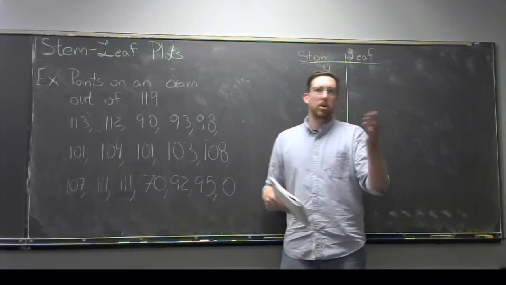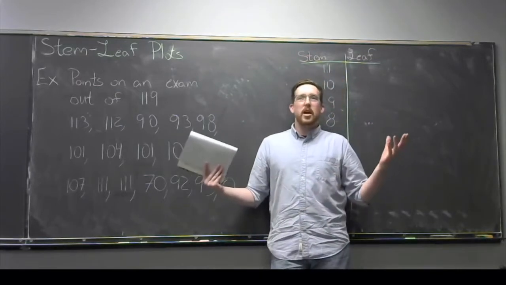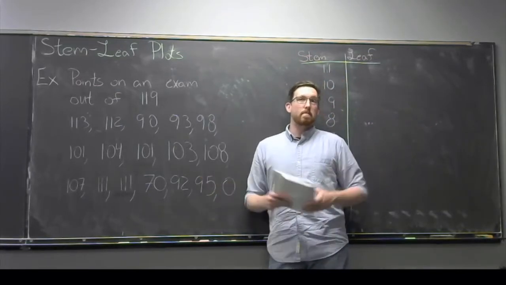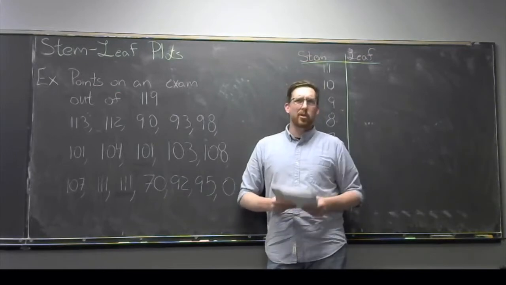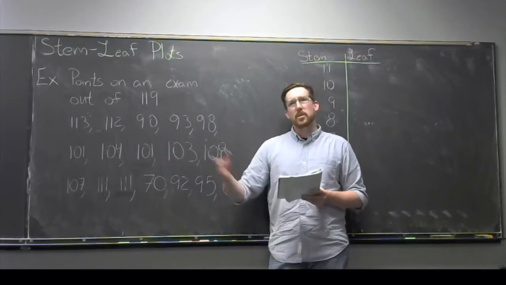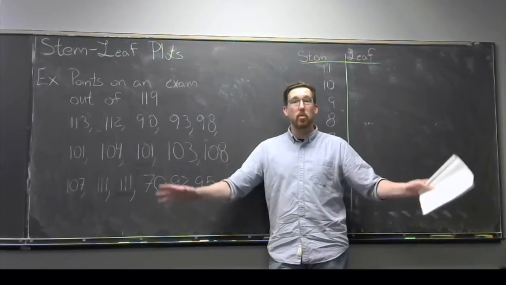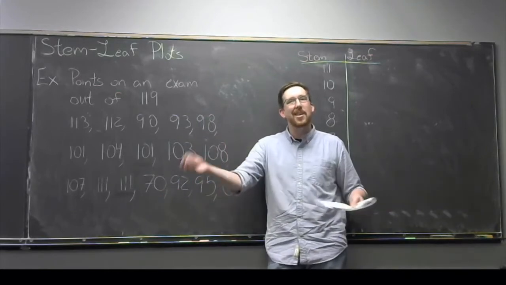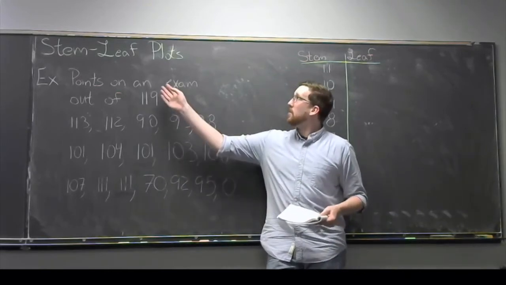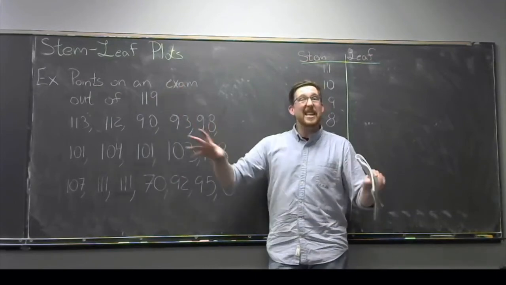For example, 0 to 9 might have a frequency of 2. Was that data point a 2? Was it a 3? Was it a 4? Was it a 5? And so forth. We don't know because it's not there. But using a stem and leaf plot, we can see it a little bit more clearly.